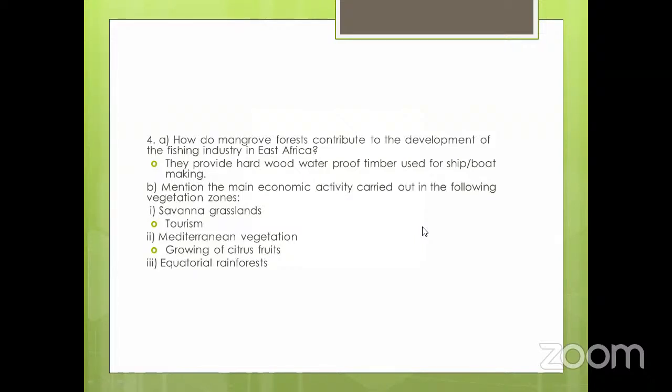Any other person? Yes, Dan. Okay. So the major economic activities there, who can read for us?